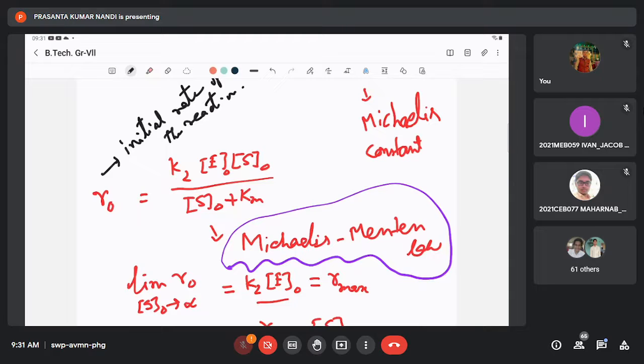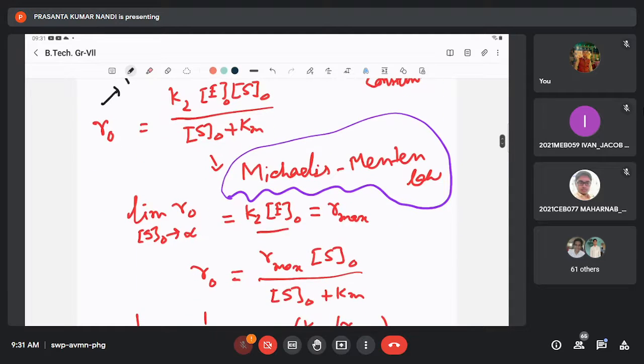And this we label as R max, that is the maximum reaction rate. So this is an interesting observation that the limiting value of the initial rate reaches its highest value only at this particular condition when the substrate concentration is taken large.